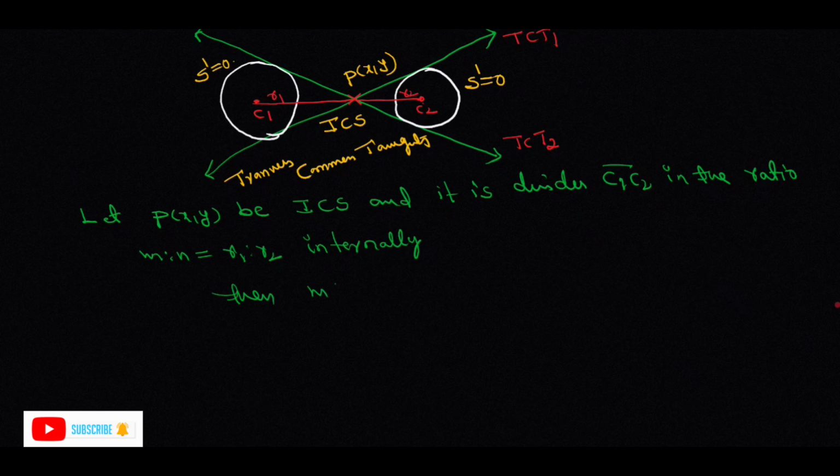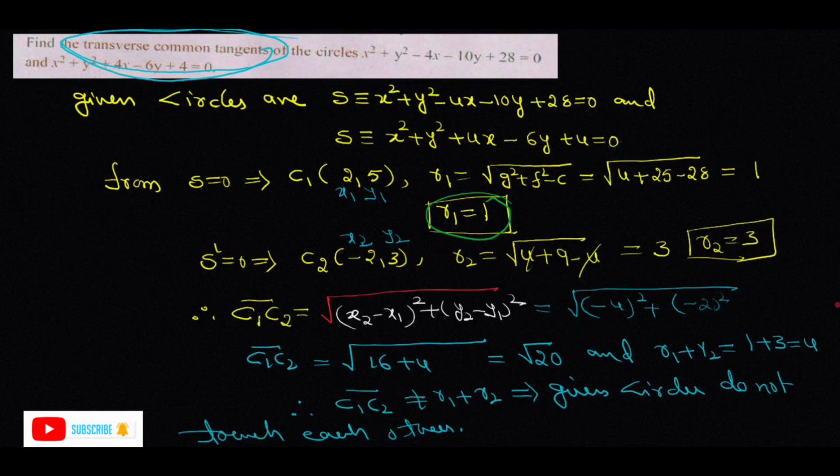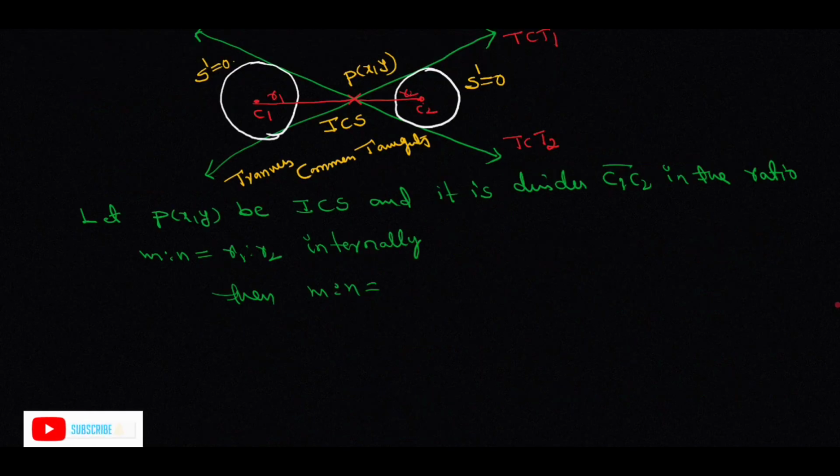Then we get m is to n equal to R1 value 1, R2 value 3, that is 1 is to 3.